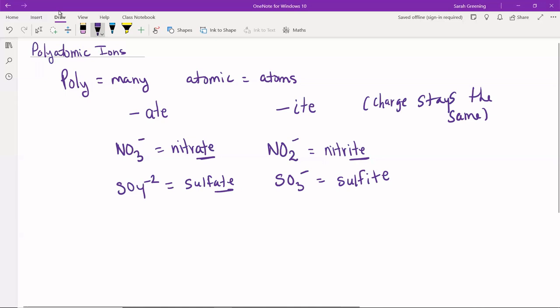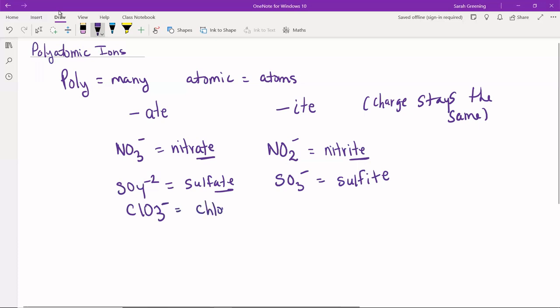That's just a couple of tricks for nitrate and sulfite. You can look through your list of polyatomic ions that you have to remember to figure out some other patterns that you may see like this. There is one more I can show, which is chlorate, ClO3 minus.